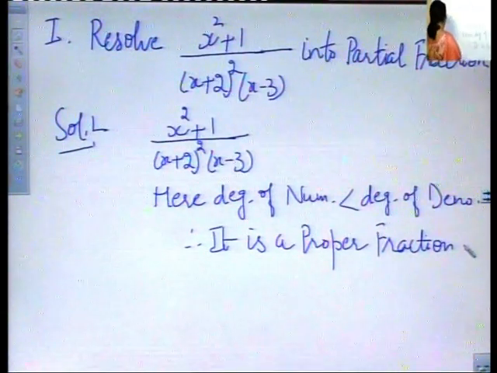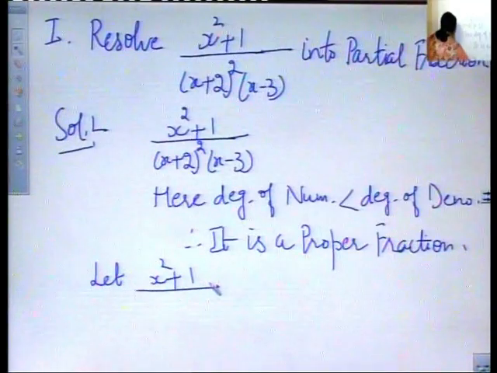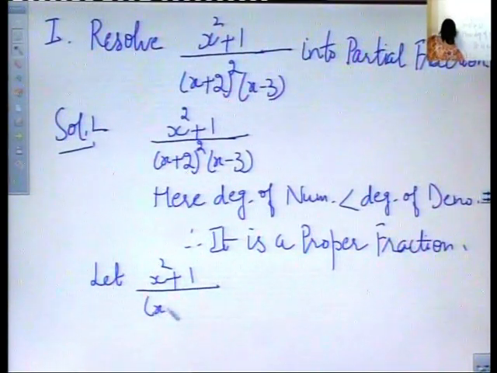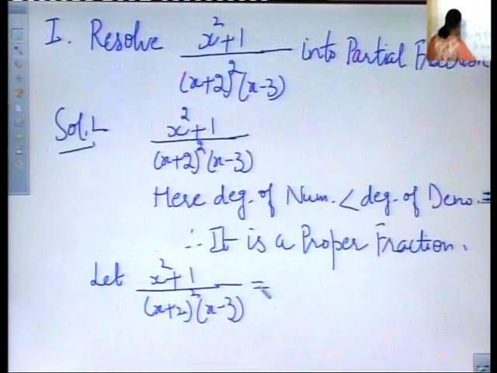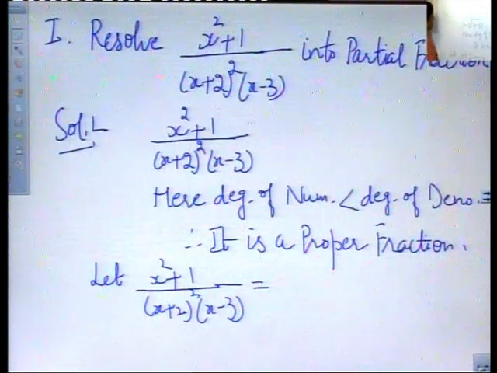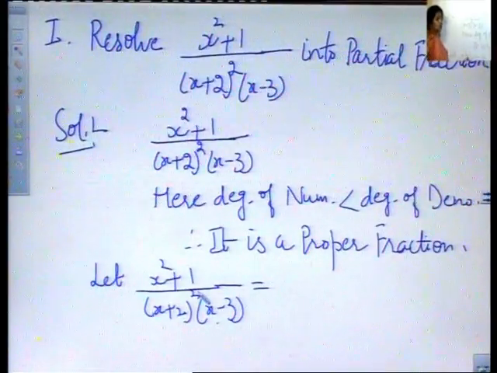Now, let this fraction x square plus 1 upon x plus 2 whole square into x minus 3. In the denominator, we have two factors. Both are linear. This is a non-repeated factor. This factor is repeated how many times? 2 times.